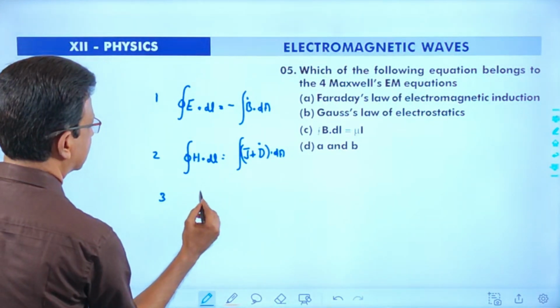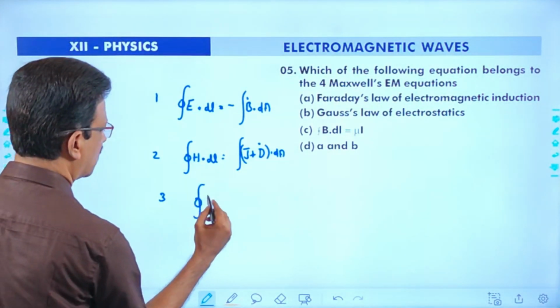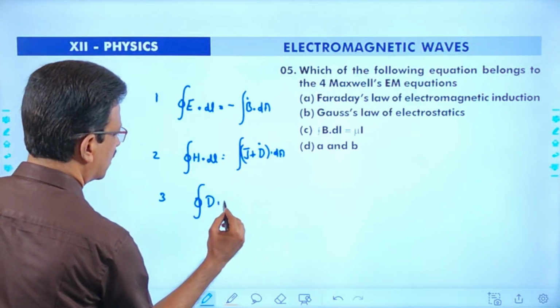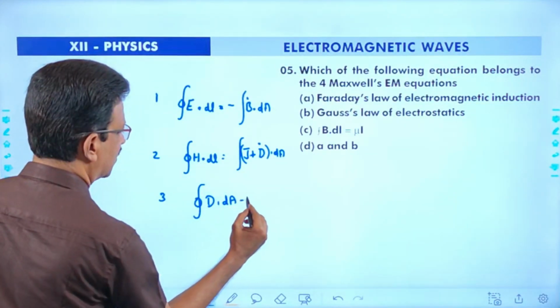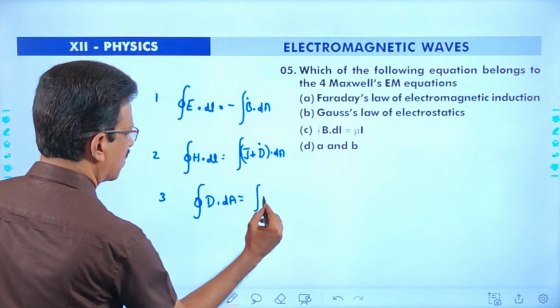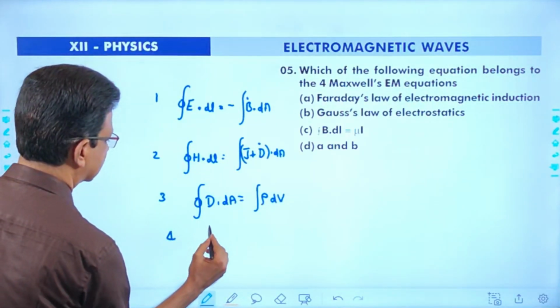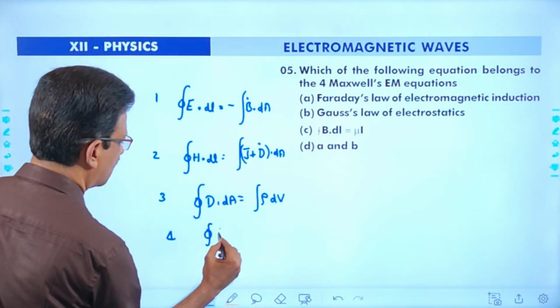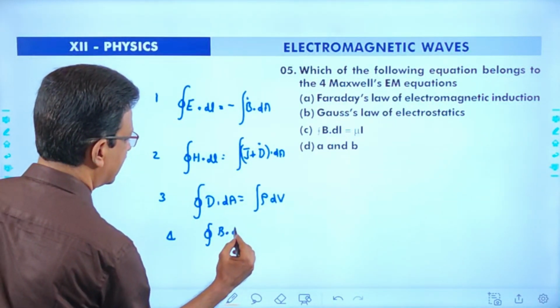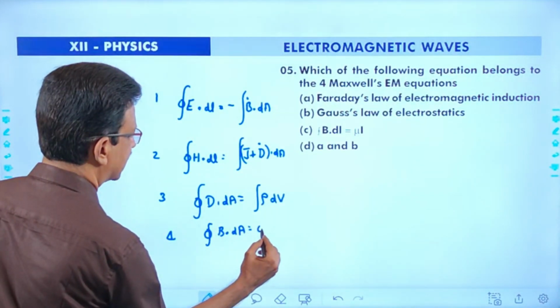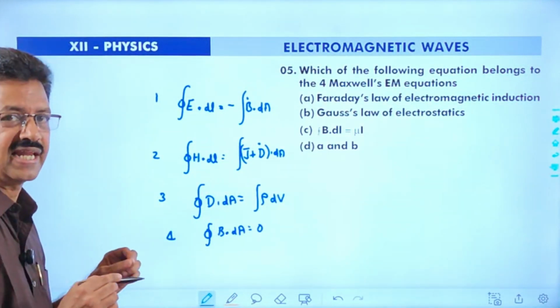Third one is closed integral of D dot dA equal to integral of rho dV. Fourth one is closed integral of B dot dA equal to 0. These are all in the integral forms.